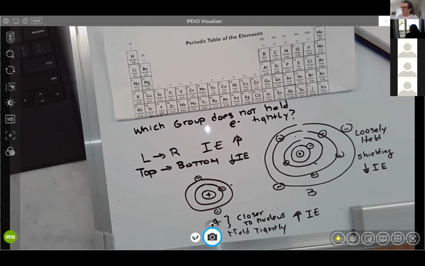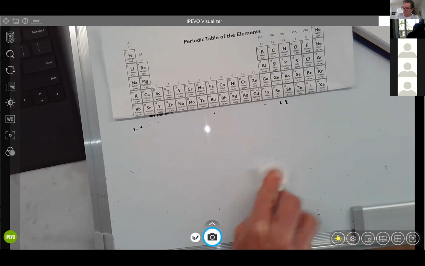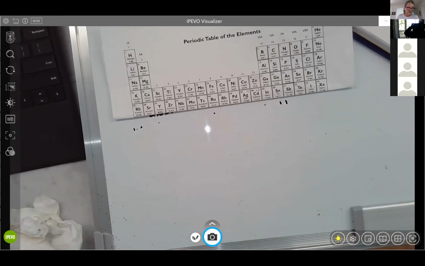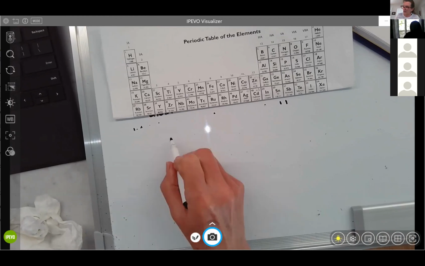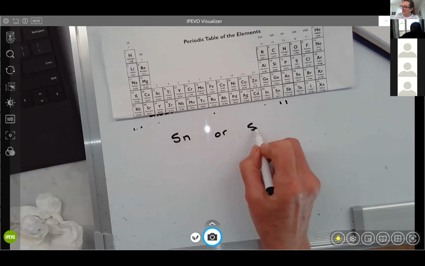Okay, so let's try a couple questions. You guys got this? Any questions related to this? These are the kinds of questions you would get asked. Choose the element which is bigger, Sn or Si.